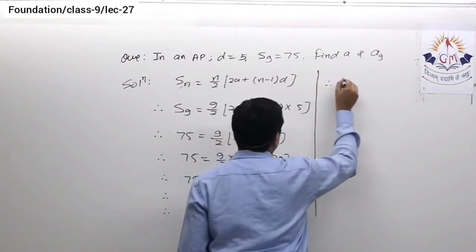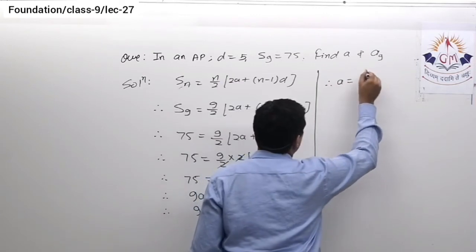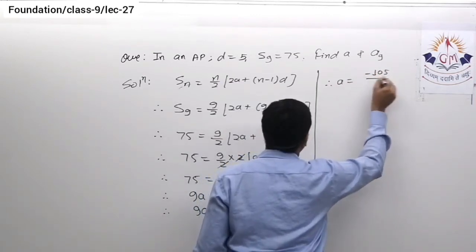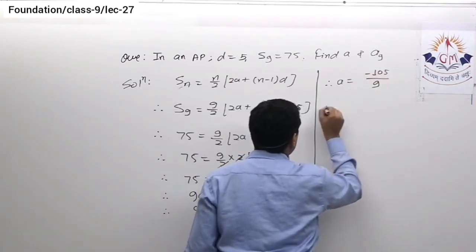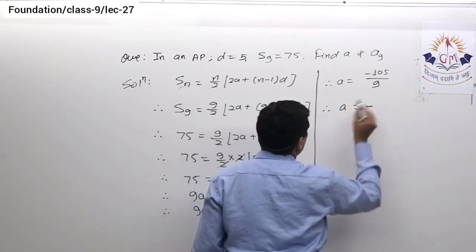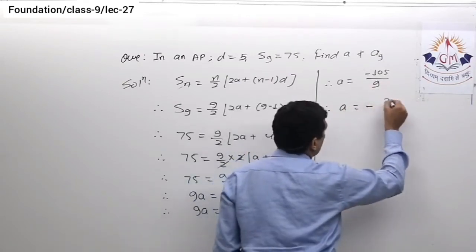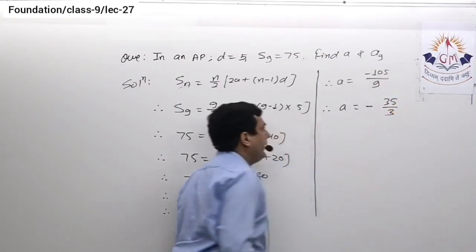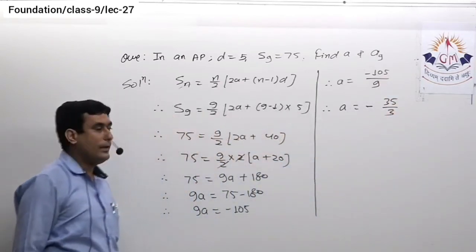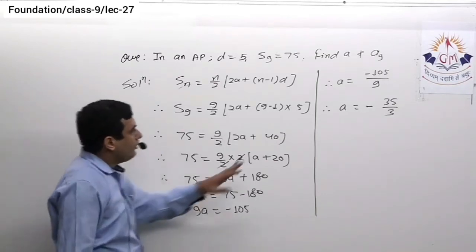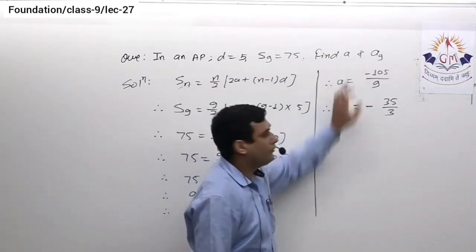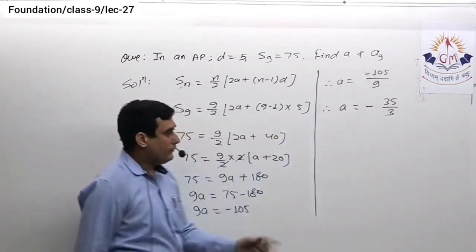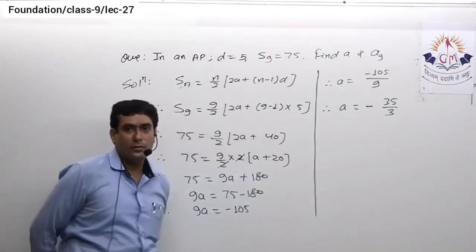Therefore I can say a is equal to minus 105 upon 9. Now I can simplify this, minus 35 by 3. This is the value of a. Okay, think for a while or try to get the value of an by your own, then within a minute I will give you the solution.